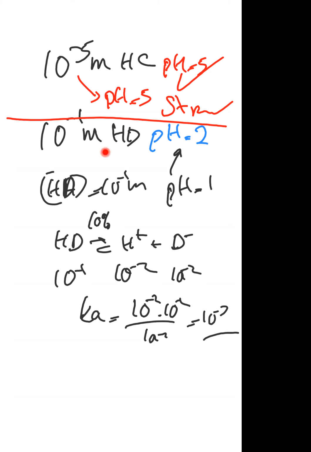But for the case of HD, it has a concentration of 10 to minus 1 and normally pH should be 1, but we observe pH 2, which is more neutral. Then we may say that HD is a kind of weak acid. Okay, I believe you get the idea. You have to check whether everything is on the way or not.